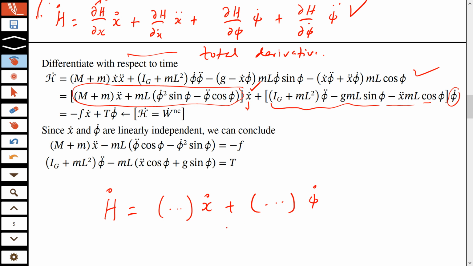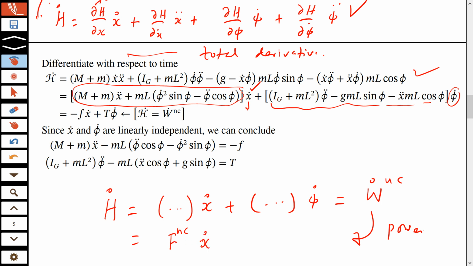Now what is the advantage of that? The advantage of that is that I know that this must equal the power of the non-conservative forces or torques, and power, you know, for translational force is the non-conservative force times velocity, and velocity you know is x dot.